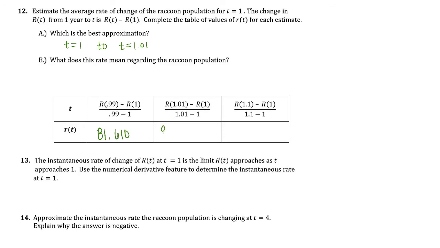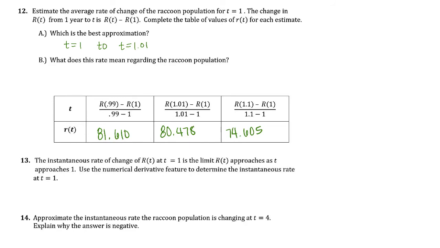And then the next one, we should get 80.478. And then we should get 74.605. So based on those, what does that mean about the raccoon population?